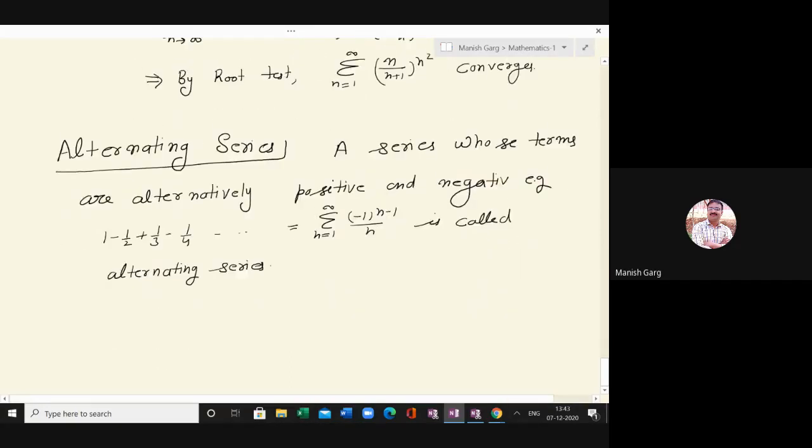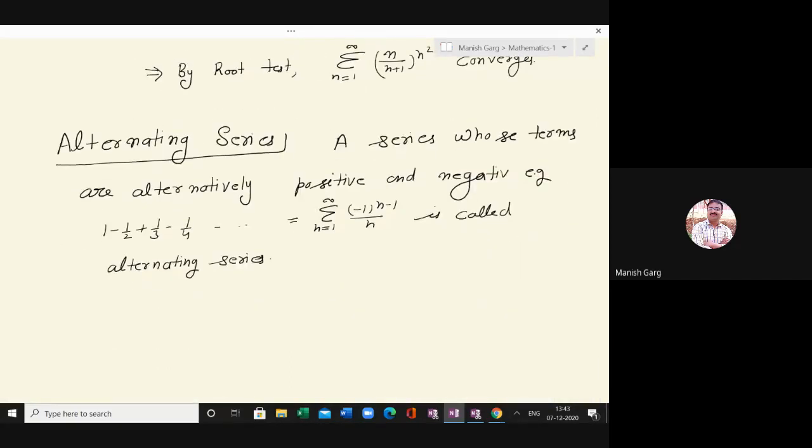Now the question again arises, how to check the convergence of this series. You cannot check the convergence by previous methods because they are for positive series. Here our terms are alternating between negative and positive. So there is one test that is known as the Leibniz test. This is for checking the convergence of this type of series.